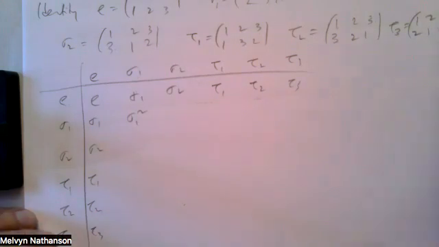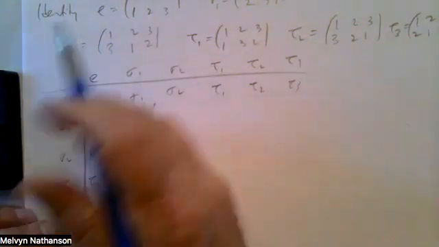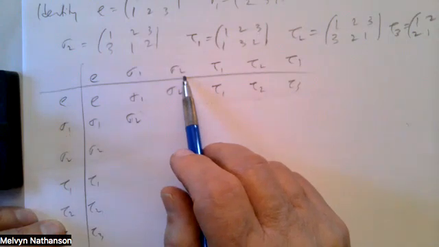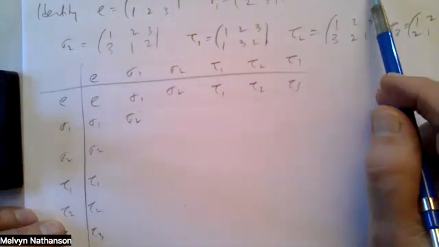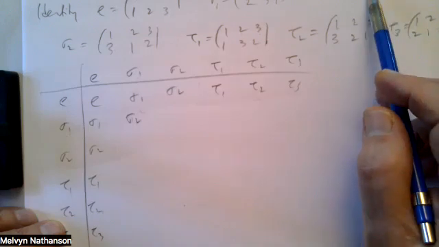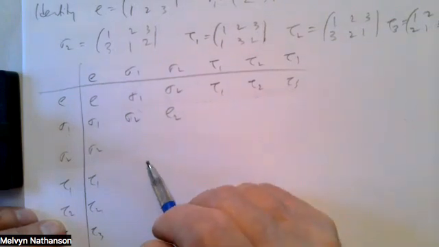Sorry, that's sigma 1 squared. That's sigma 2. What's sigma 1 times sigma 2? When you do sigma 2, you rotate 2 steps around. And if you rotate a third time, you're back where you started. So sigma 1, sigma 2 is the identity.